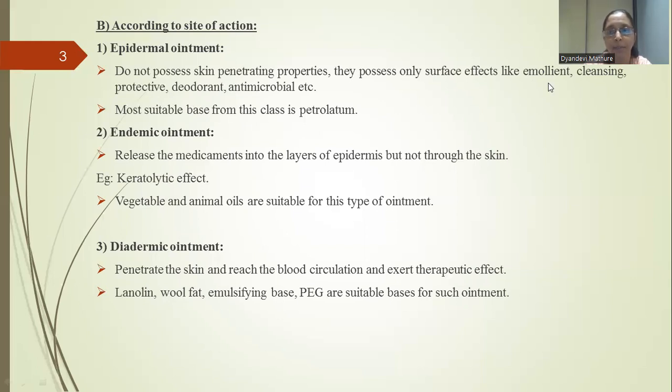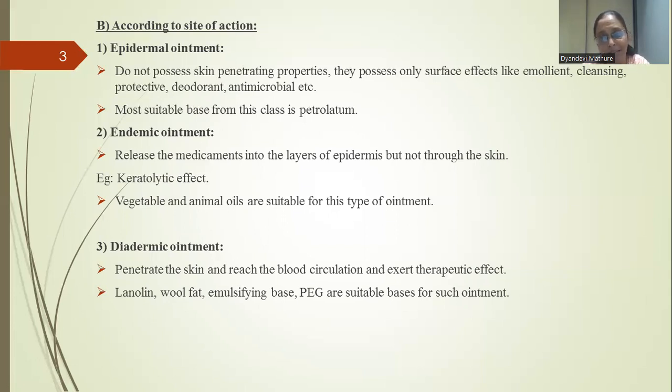Now what is this epidermic ointment? It does not possess skin penetrating properties. These epidermic ointments will not be responsible for skin penetration. They will produce only surface effects like emollient, cleansing, protective, deodorant and antimicrobial effects.